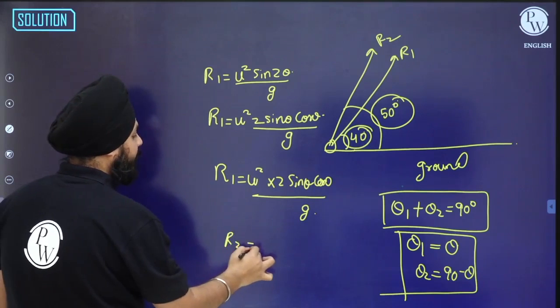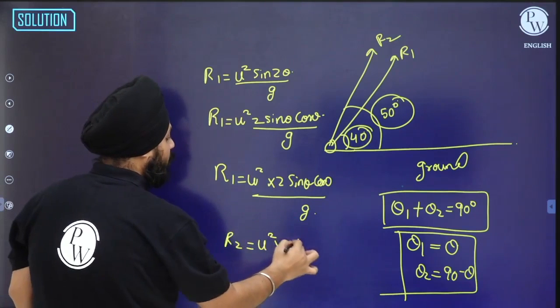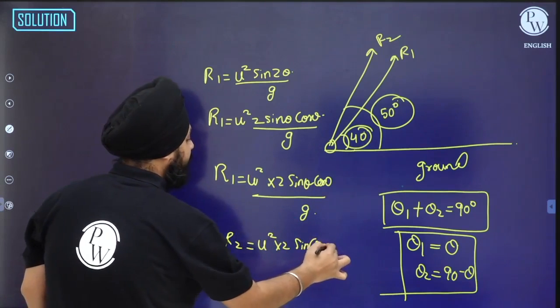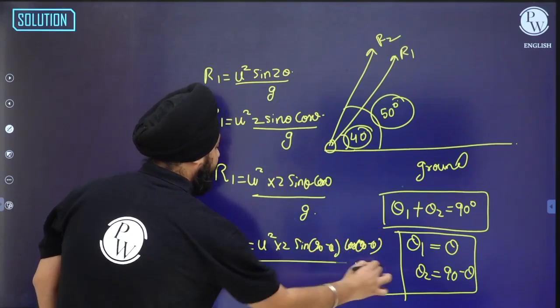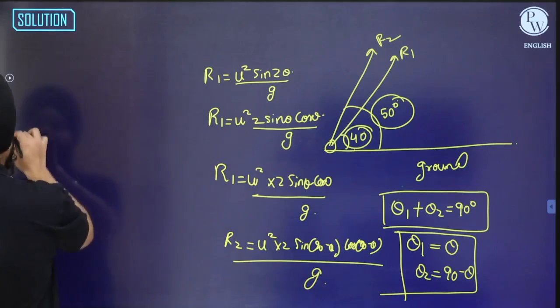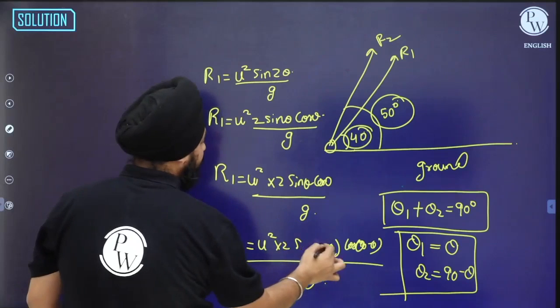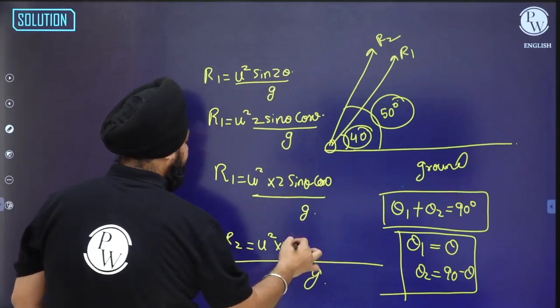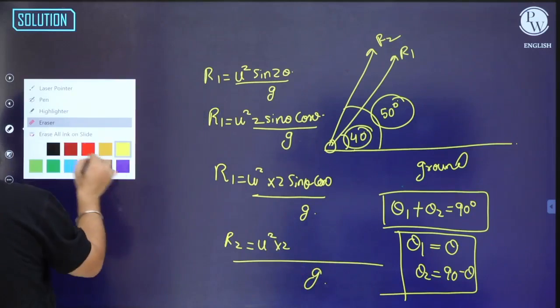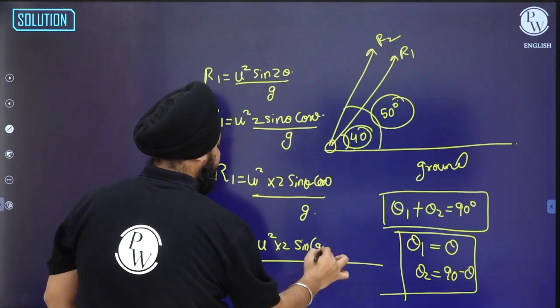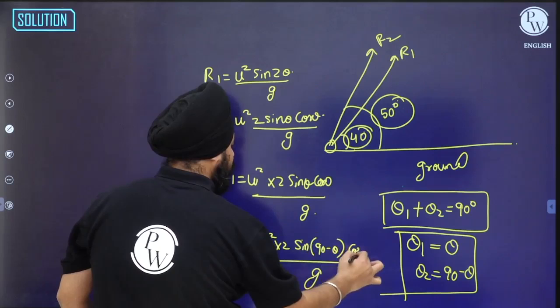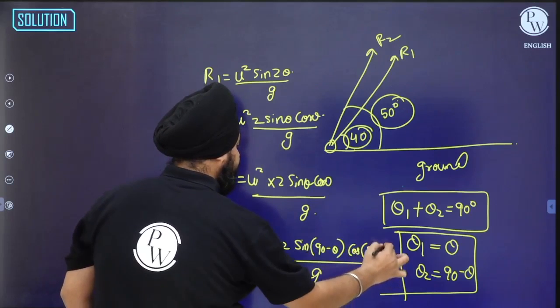Similarly, R2 will be what? u square into 2 sine of (90 minus theta) cos of (90 minus theta), whole divided by g.